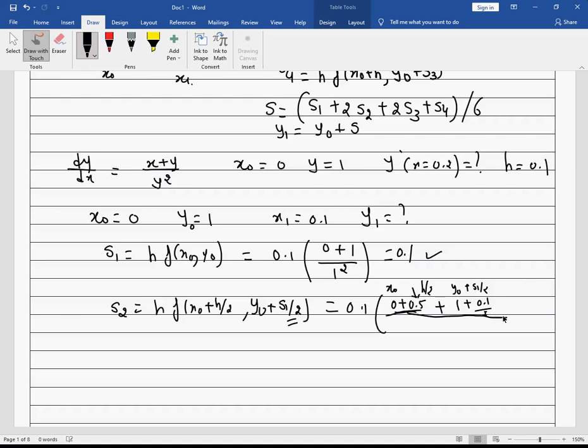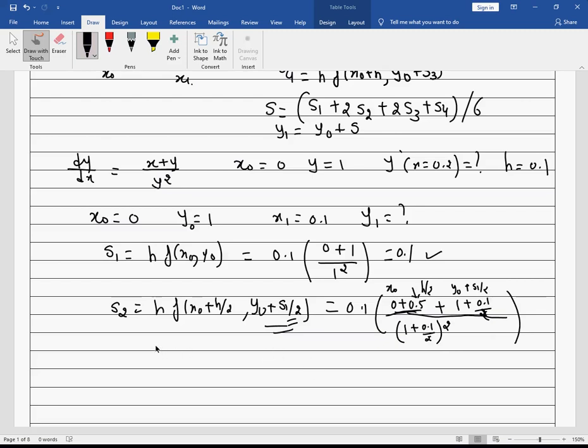Divided by y square. So my y0 plus s1: the y value is 1, s1 is 0.1, 0.1 divided by 2, because it is s1 by 2, and it is whole square.